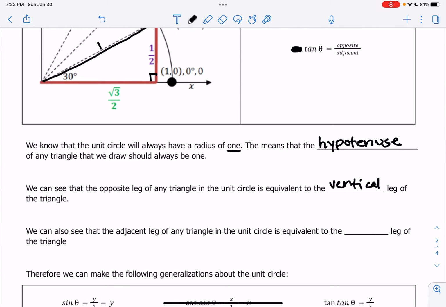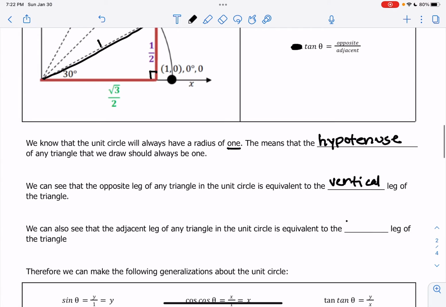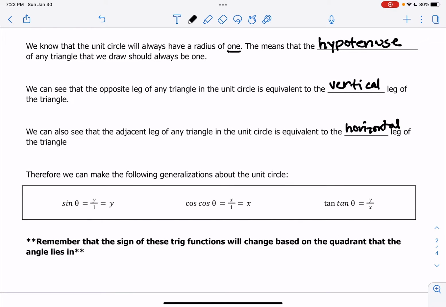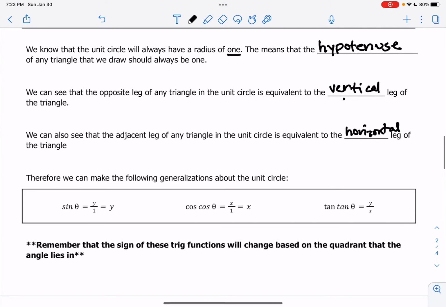And we can also see that the adjacent leg of any triangle in the unit circle is equivalent to the horizontal leg of the triangle, which is the x value.